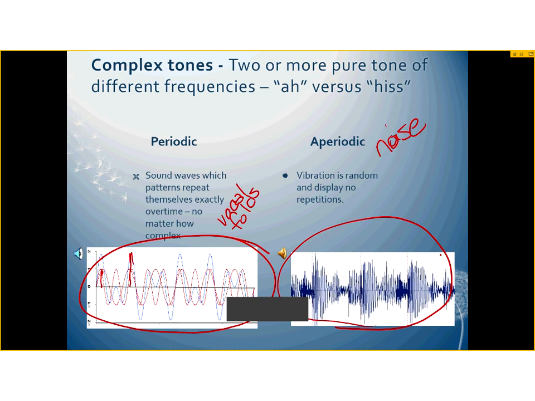And so there are some speech sounds that are aperiodic, and we call them voiceless because our vocal folds are not vibrating. And those are almost always consonants. Vowels are always periodic and are produced by our vocal folds vibrating.